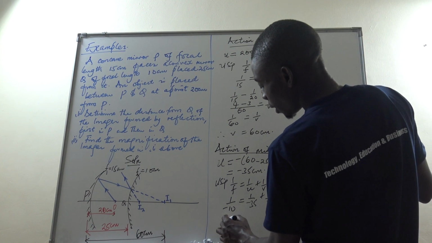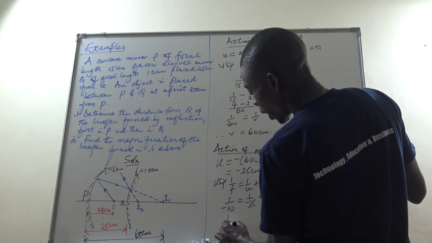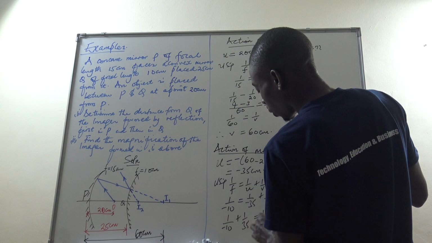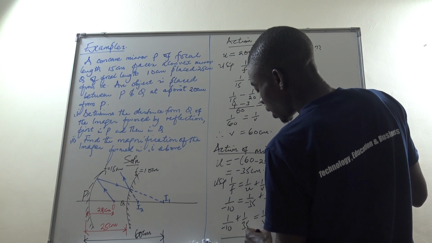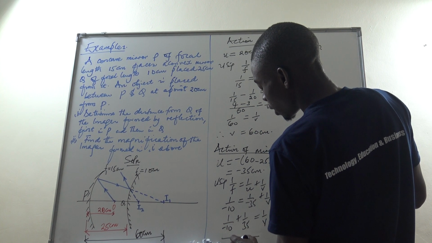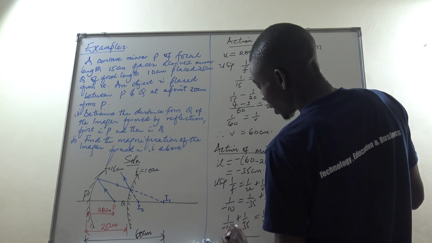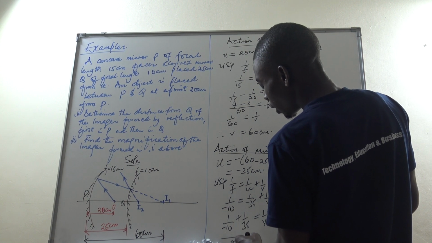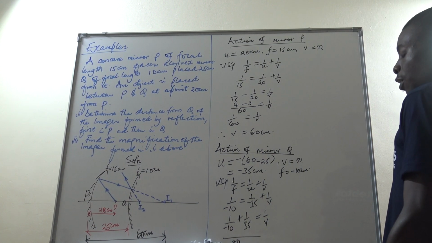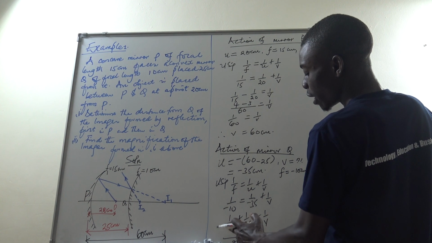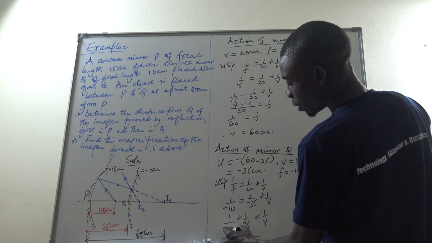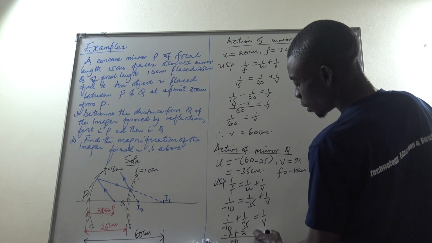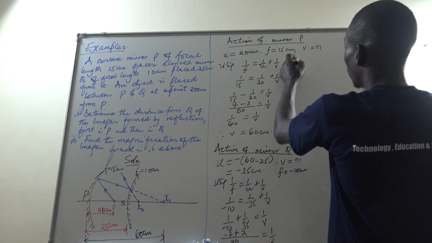Then I can say 1 out of negative 10 plus 1 out of 35 is equal to 1 out of V. Where is our LCM? Our LCM is going to be 70 or negative 70. So this divided by that times that will be negative 7, plus this divided by that, it will be 2.